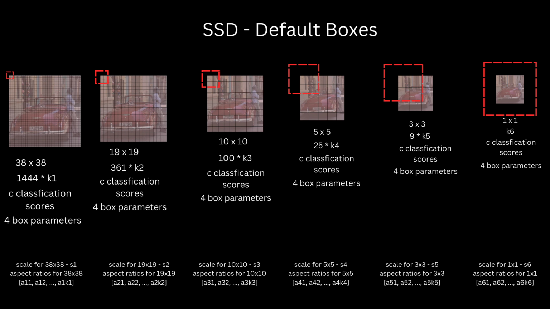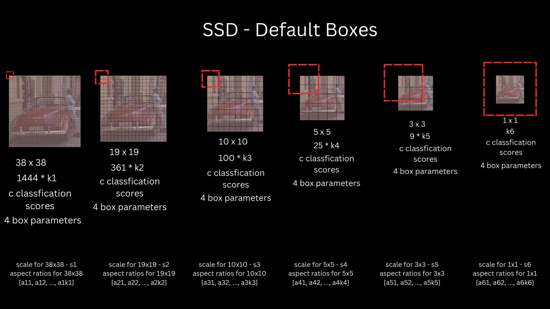In implementation, both these predictions will be taken care of by convolution layers. For the classification part, the convolution layer will have the same output channels as the number of default boxes at each cell times the number of classes, including background, as for each box you have to generate classification scores for all the C classes.